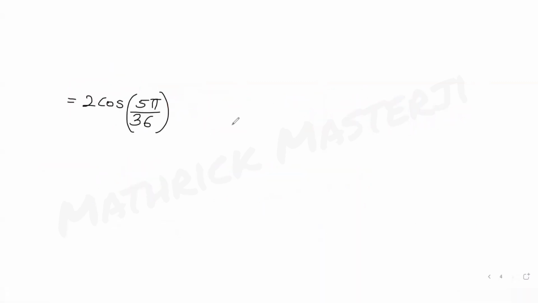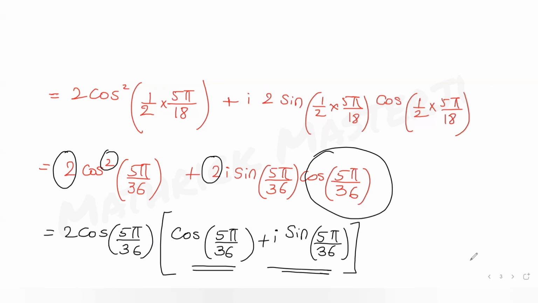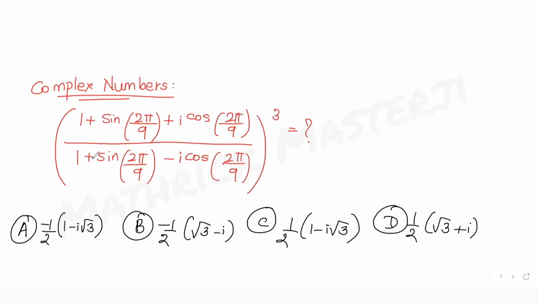So it becomes e^(i 5π/36). So I have just solved this numerator. Now, if you see the denominator, it is similar, right?